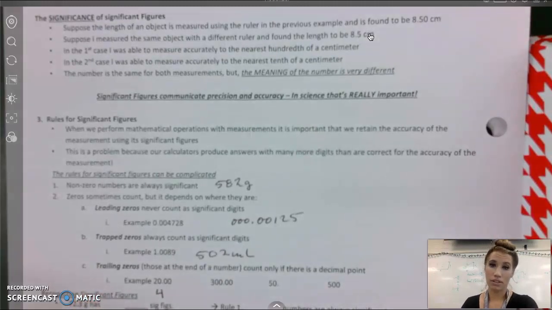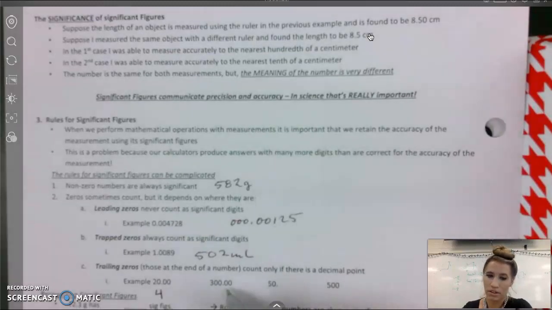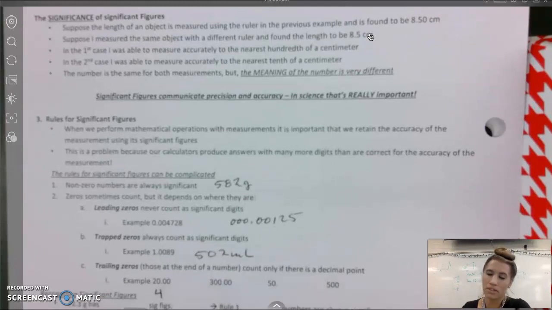Okay. Notice, it doesn't matter which side of the decimal place we're on again. As long as they are trailing and there is a decimal point, then they are significant. Same here. They're on both sides of that decimal point, these trailing zeros, but all of them are significant because the decimal is included. So we have 5 sig figs here.